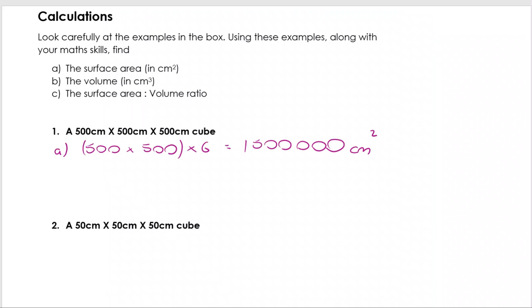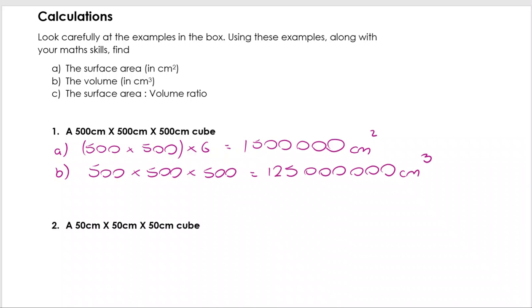So that comes to 1.5 million centimetres squared. But the volume is going to be 500 by 500 by 500, which is 125 million centimetres cubed. Now my surface area to volume ratio is therefore 1.5 million to 125 million. And when I work out that ratio, it comes to a value of 0.012.